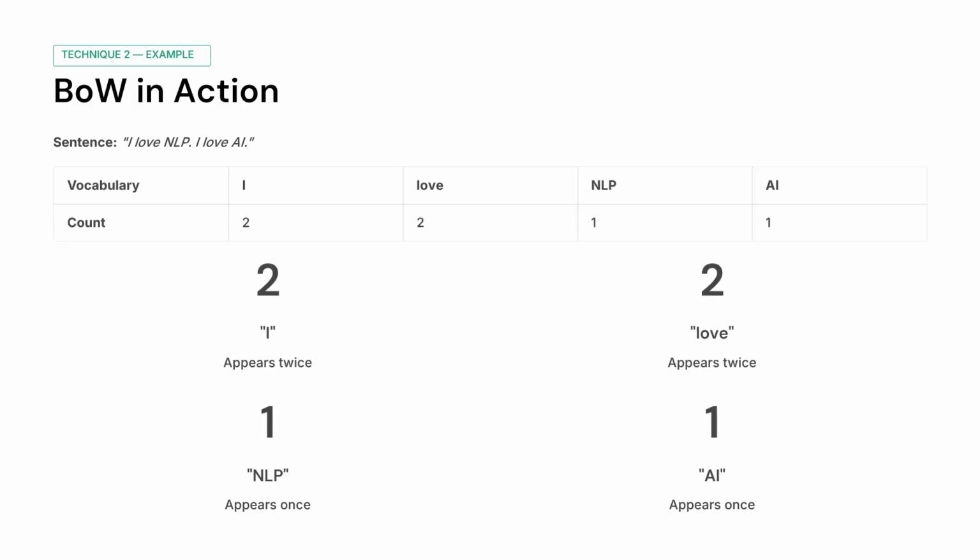So let's see an example of bag of words. Suppose we have the following sentence, I love NLP and I love AI. It captures the unique words in the vocabulary of the document and also the frequency count, as you can see in this example.